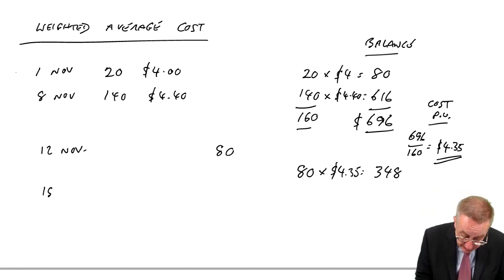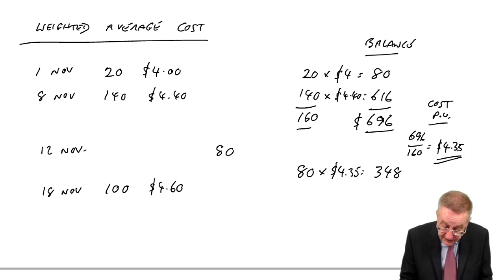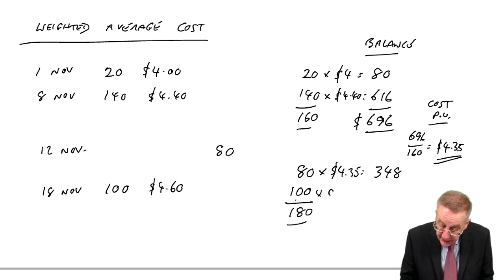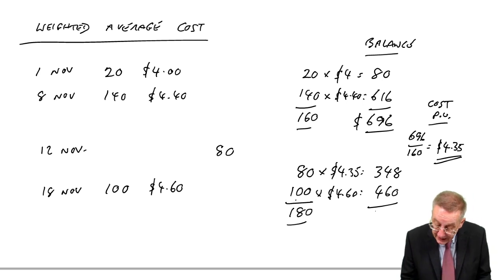On the 18th of November, we received some more, another 100 units, and they're $4.60 units. So what's our balance? Add on another 100. We've now 180 units in inventory. They cost $4.60. And so the total value at that stage, 808.